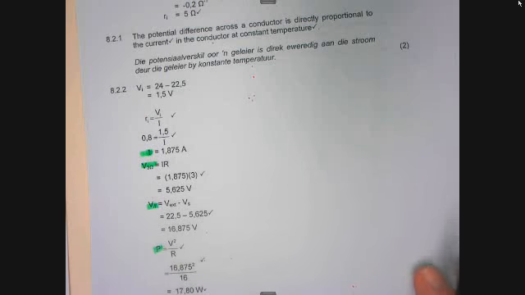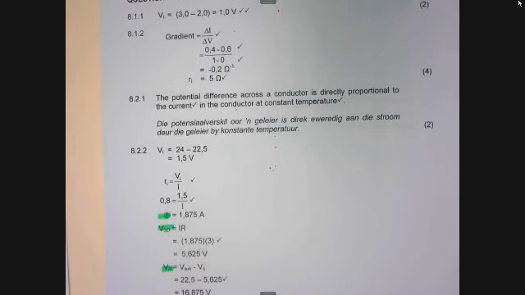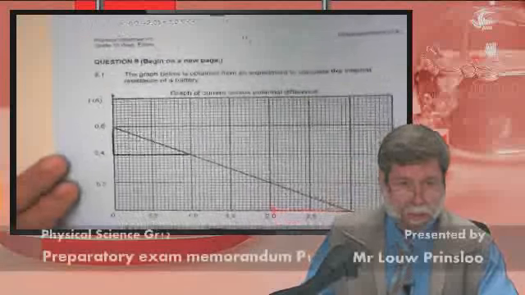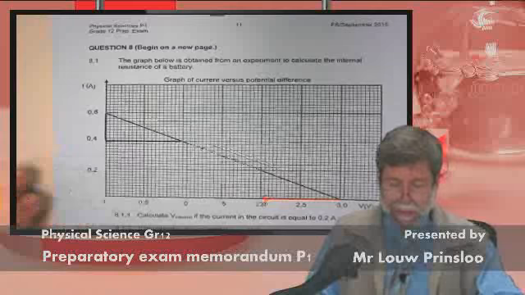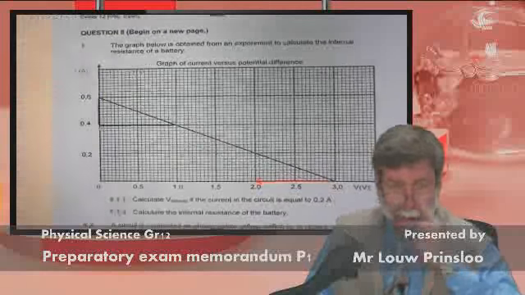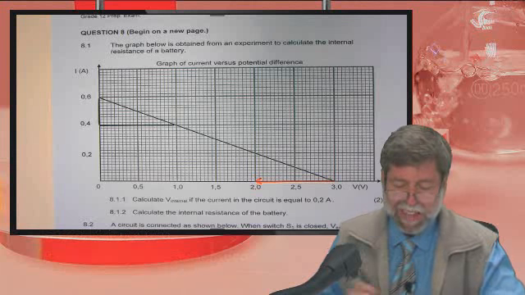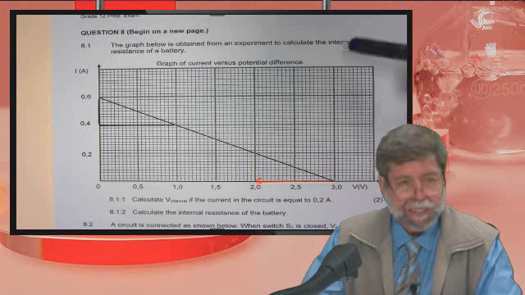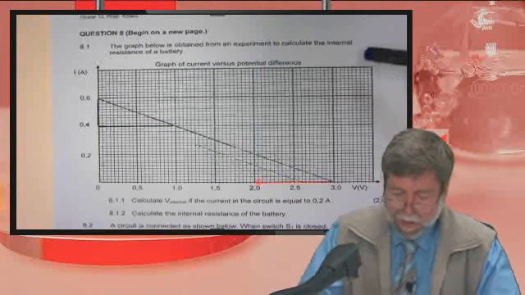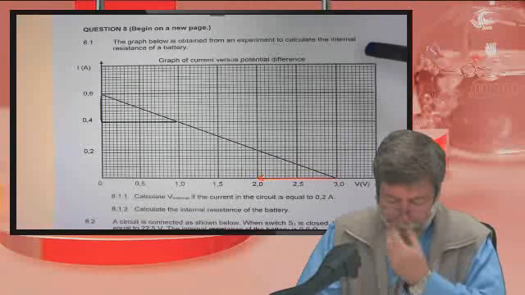Right, let's move to question 8 then. Question 8 is a question on electric circuits, and the first question is on an experiment to calculate the internal resistance of a battery.